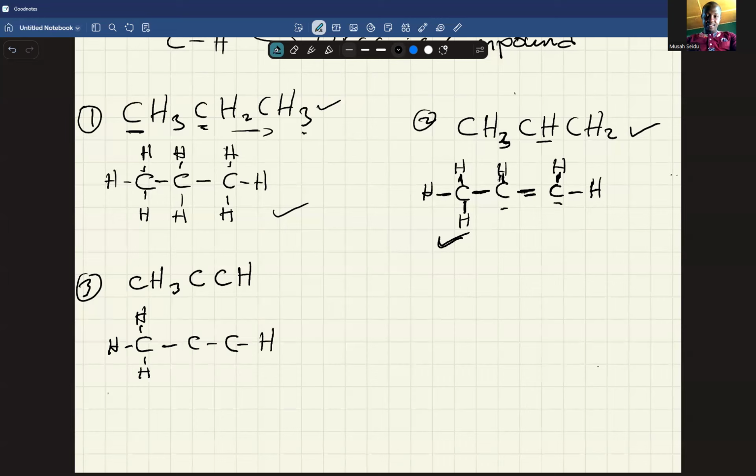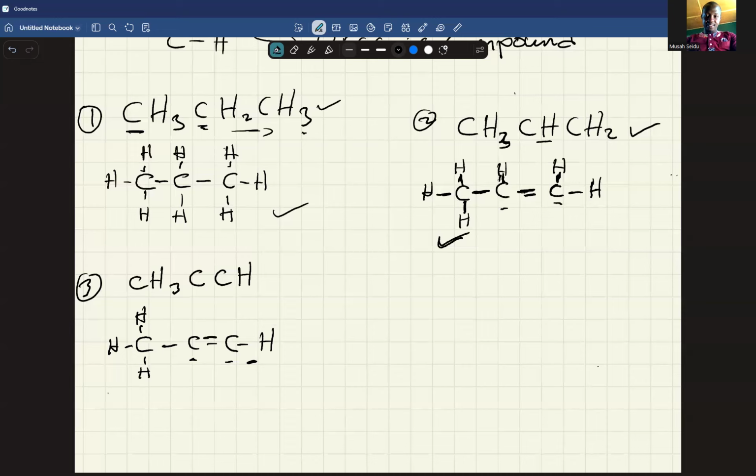So let me see. We have 1, 2, 3 C's. So if that is the case, now I have to put some bond somewhere so that my C's will be okay. I can see my H's are okay. But this and that, they are not okay. If I put any bond here, it's not going to work because this is okay. Now, if I put it here, it's not going to work because it is okay. So this is my only option, this side.